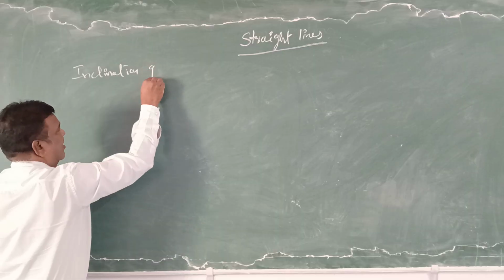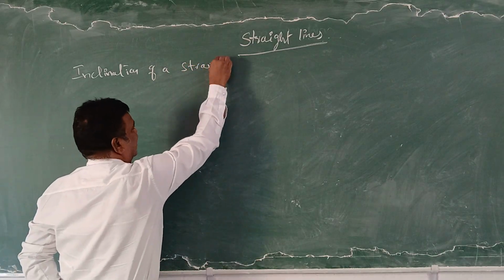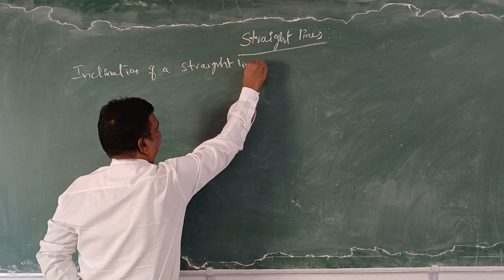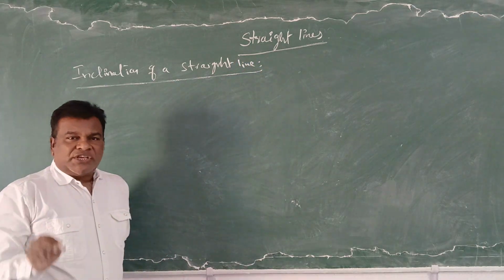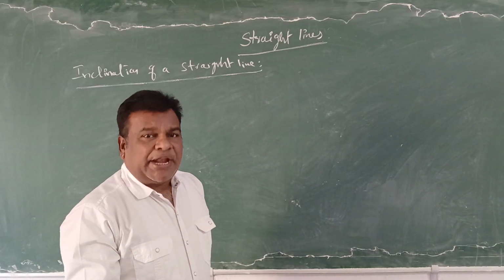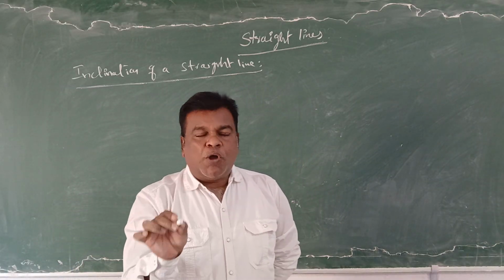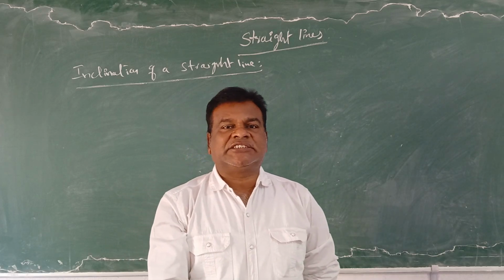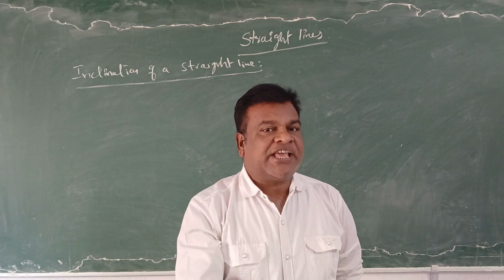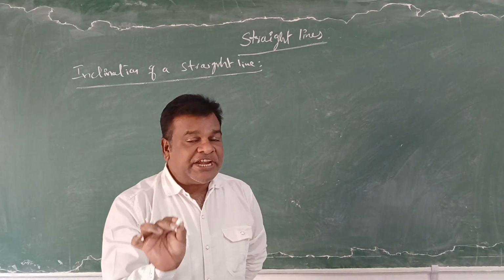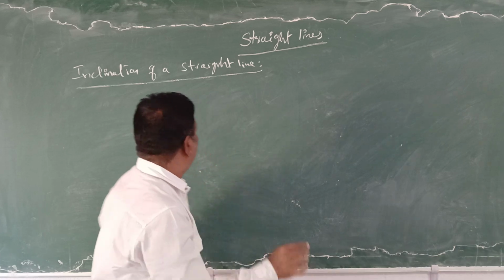If a straight line makes an angle with the positive x-axis measured in the counterclockwise direction, it is called the inclination of the straight line. What is the inclination of the straight line?